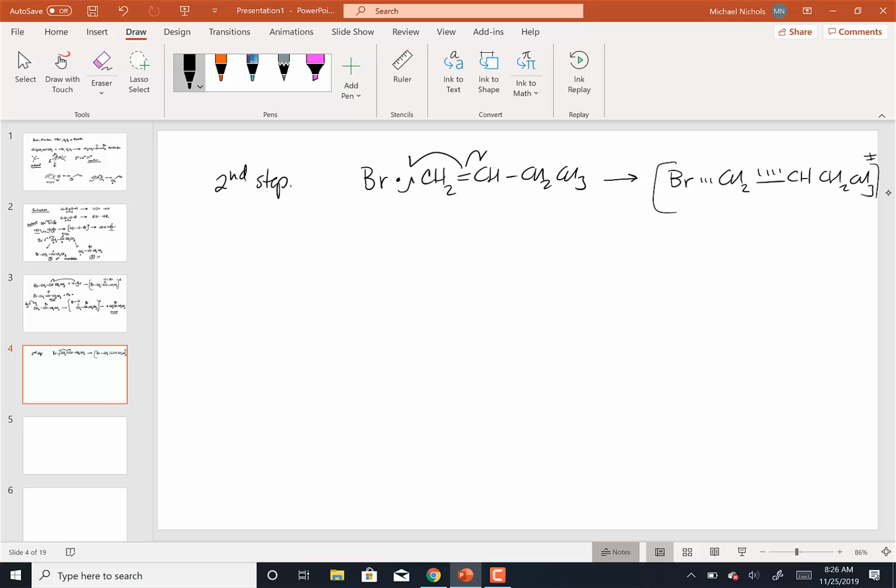And there is no such thing as, well, there is a delta dot, but we're not using it in this context. Okay. So then the final major product of that step would be this. So that's how we would write the second step normally.